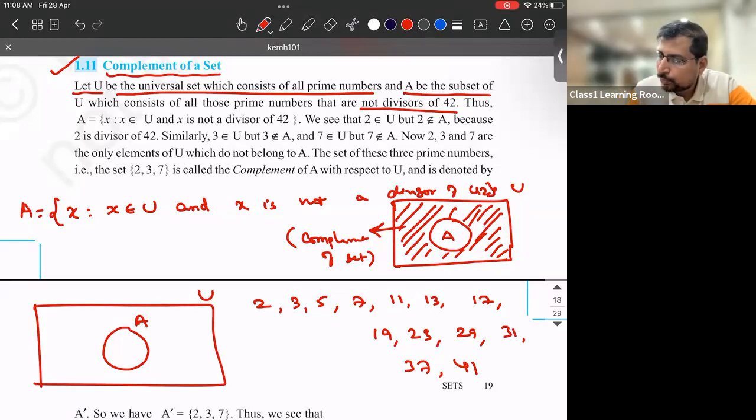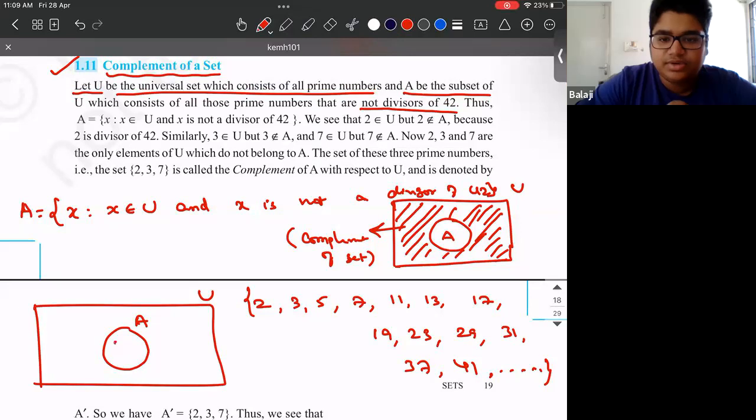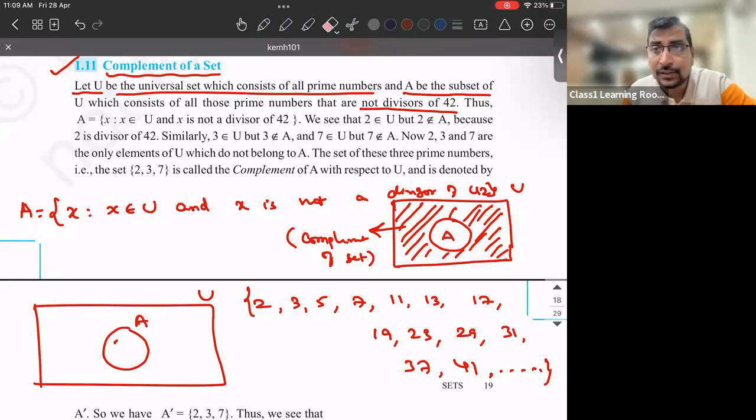Okay. So like this, after this, you still have the set existing. That is going to be the universal set. From that universal set, how should I prepare the set A? Set A should contain the elements which are not divisors of 42.